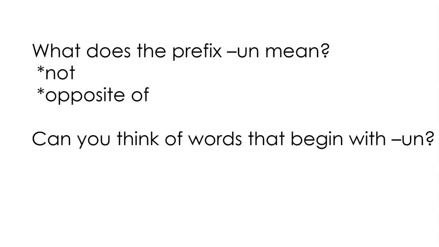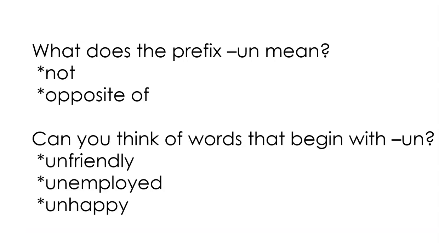Can you think of some words that begin with un? I can think of 3 words that begin with the prefix un. Unfriendly means not friendly or the opposite of friendly. Unemployed means not working or the opposite of employed. And unhappy means not happy or the opposite of happy.